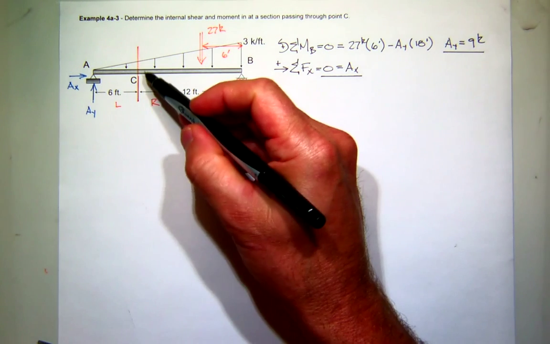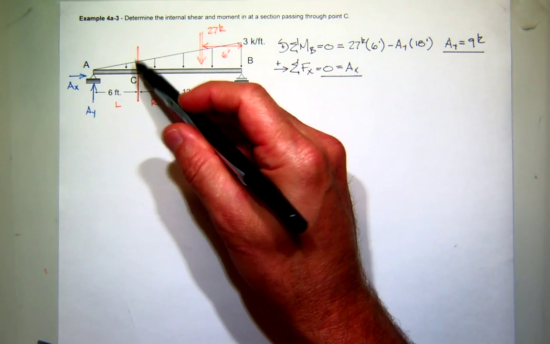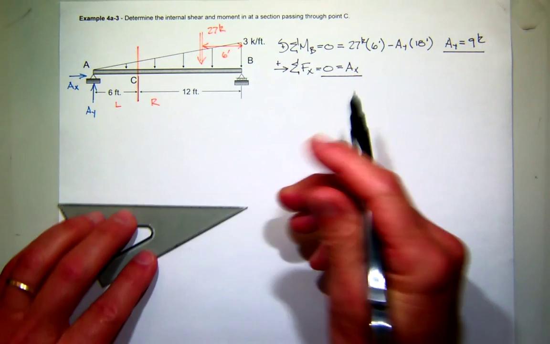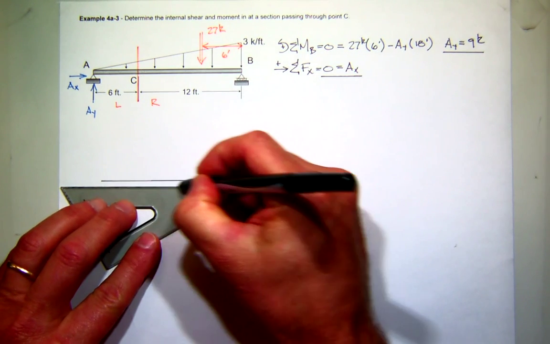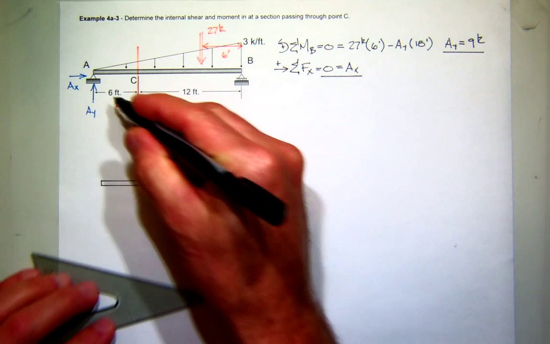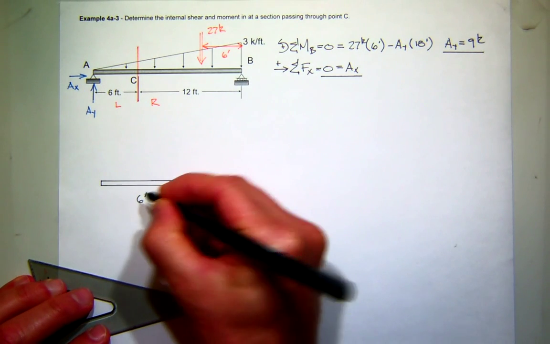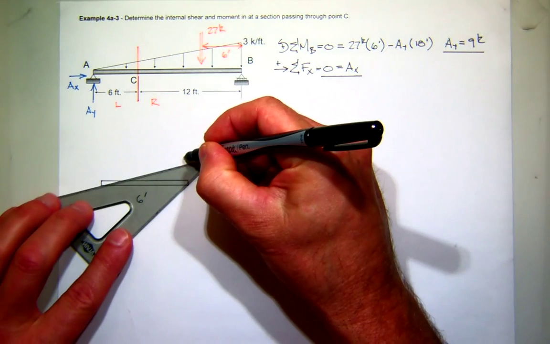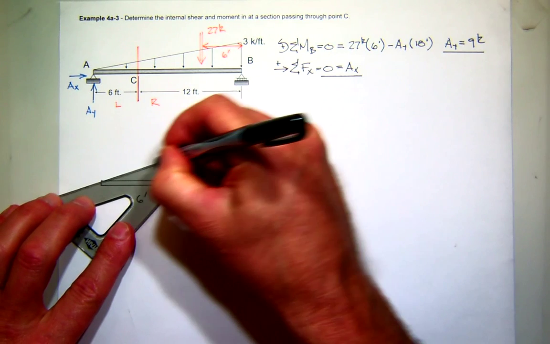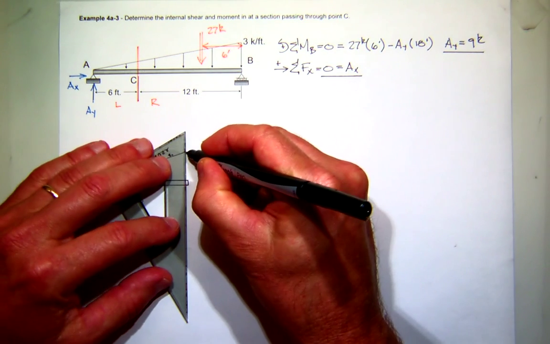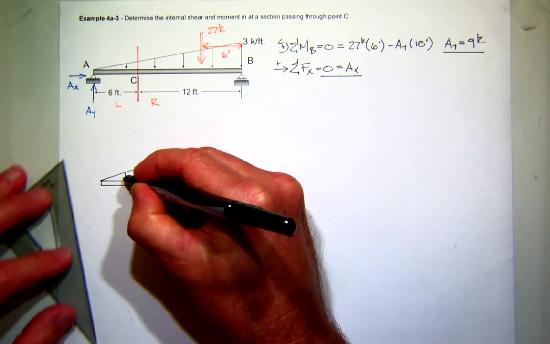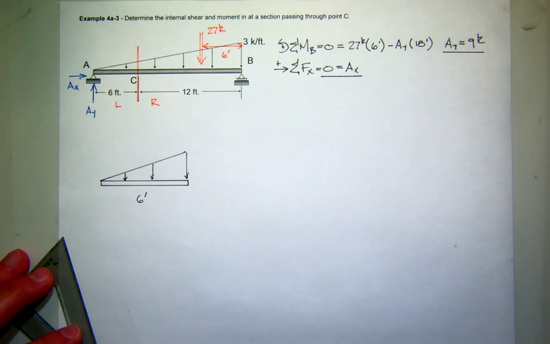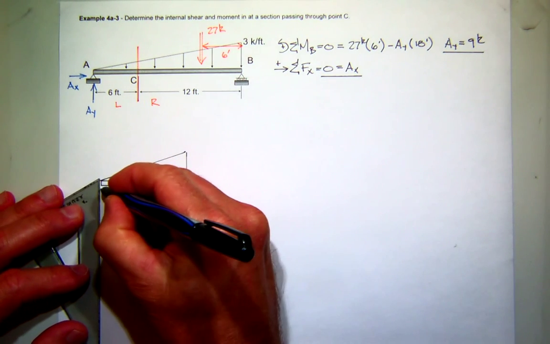Okay? So now I'm going to actually make the cut and look at this free body diagram. I'll draw it a little bit larger so we'll have some room to work with. So again, that's 6 feet, and then I'll have the triangular loading. I'll have my reaction at A, which I've solved for.